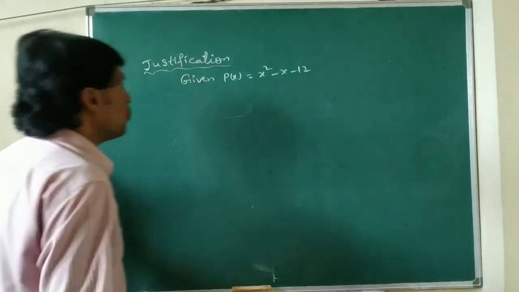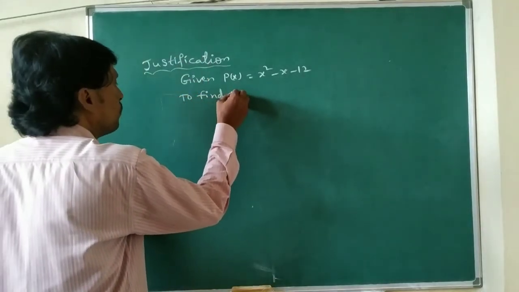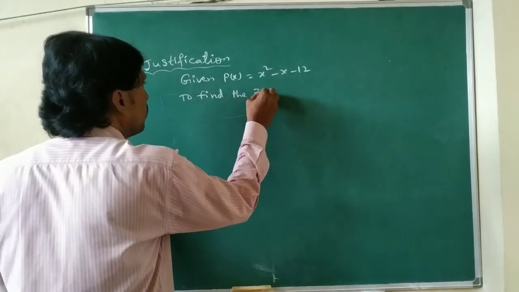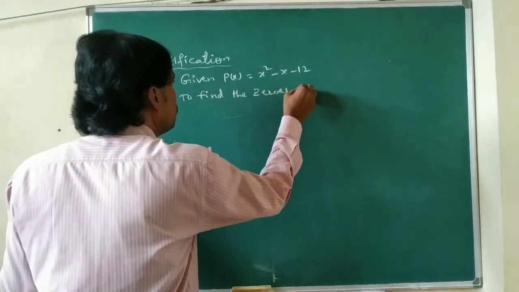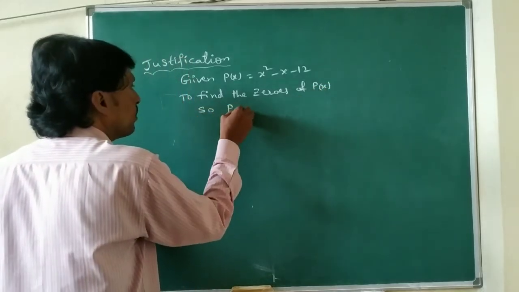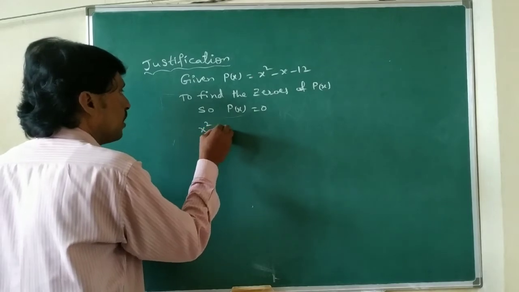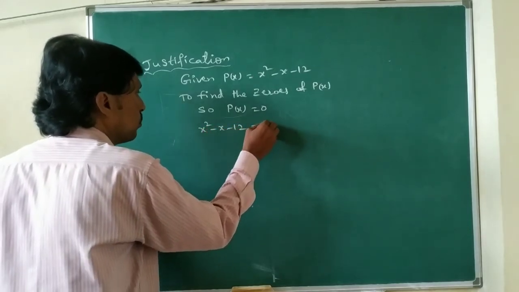We need to find the zeros. To find the zeros of P of x, we take P of x equal to 0. So x square minus x minus 12 equals 0.